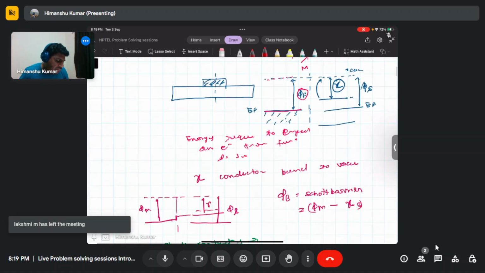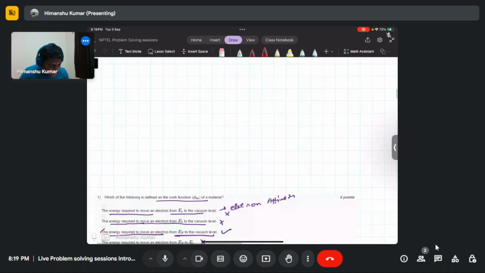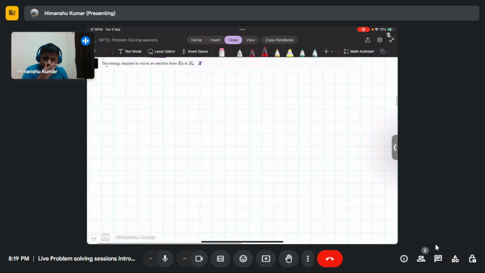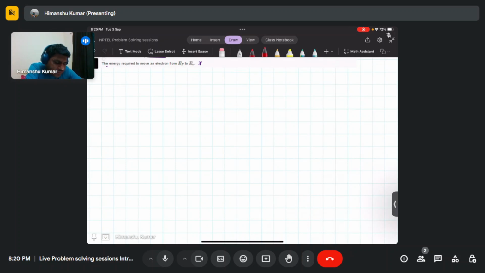Or let me give a brief with more detail of MOSCAP. So basically, if you consider the different regions of operation of MOSCAP, let's say you have a metal, and this is oxide, and this is semiconductor.